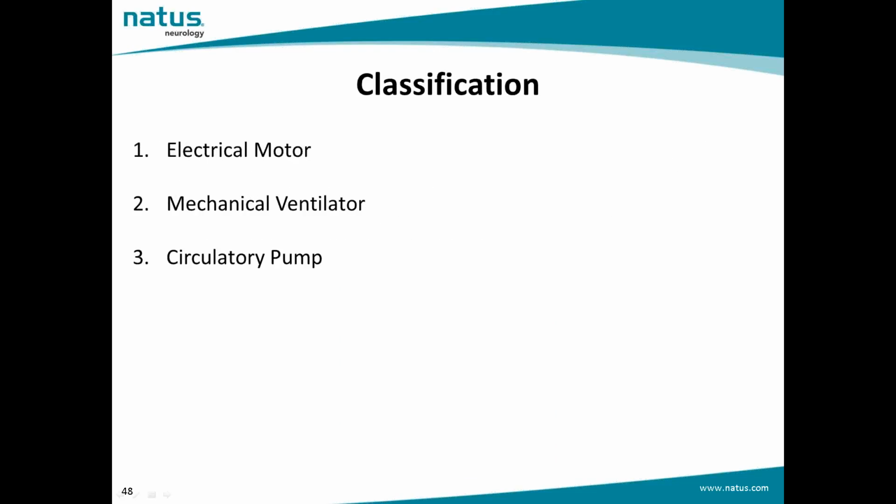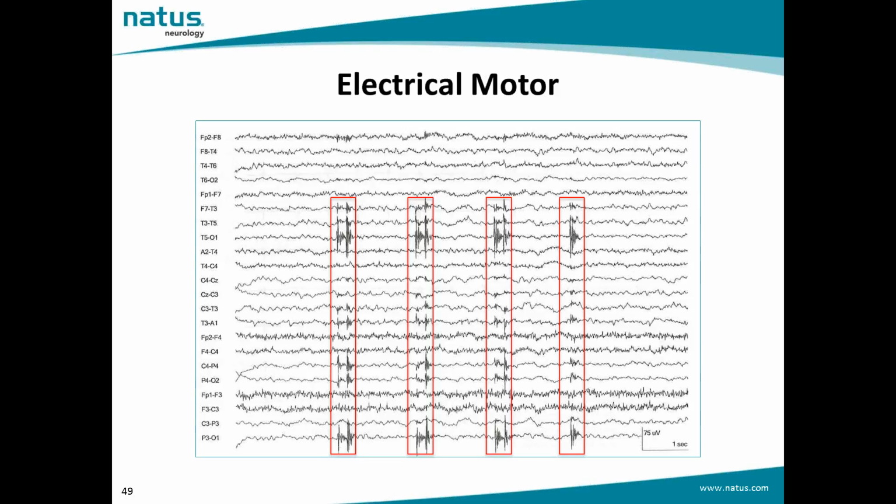The main external devices that may generate artifacts during EEG recordings are electrical motors, mechanical ventilators, and circulatory pumps. Here we have an example of artifacts generated by an electrical motor. In fact, the very high frequency activity suggests an electrical source, and the fixed morphology and repetition rate indicate an external device.